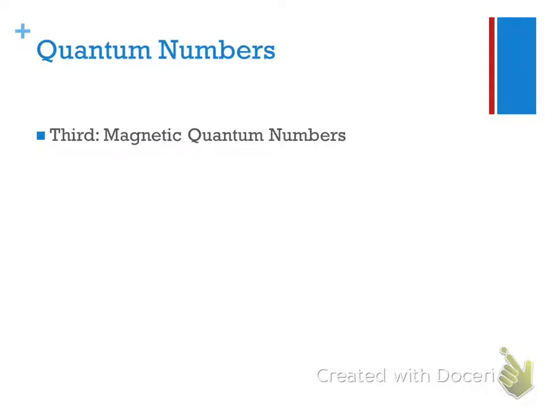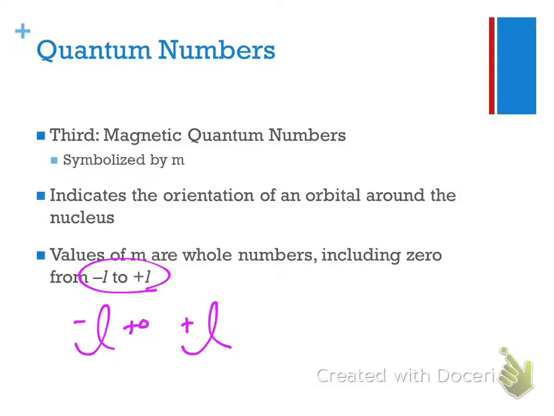The third is called the magnetic quantum number, and it's symbolized by an M. Values of M are only whole numbers, and they range from negative L to positive L. So there's a lot of possibilities for M, a lot of ways that orbital could be oriented.